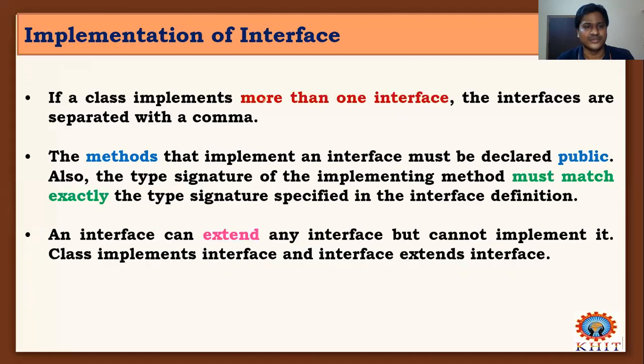Okay, coming to some more points we need to discuss about the implementation of interfaces. If a class implements more than one interface, then the interfaces are separated with a comma. Yes, remember this point. When a class implements more than one interface, this point is related to multiple inheritance.